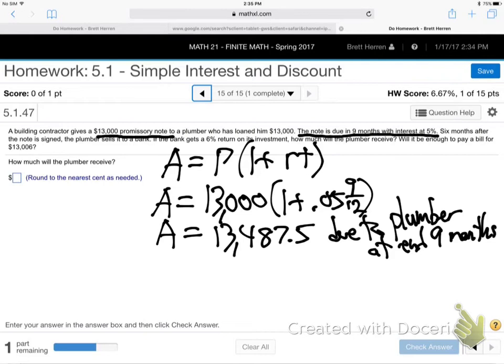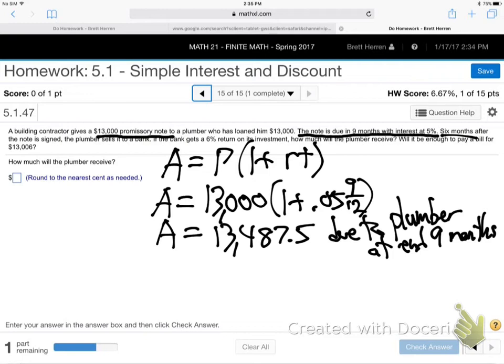But before those 9 months come up, 6 months after, he gives it to the bank. He says, all right, bank, here you go. Whoever holds that note gets to collect from the contractor at the end of the 9 months.